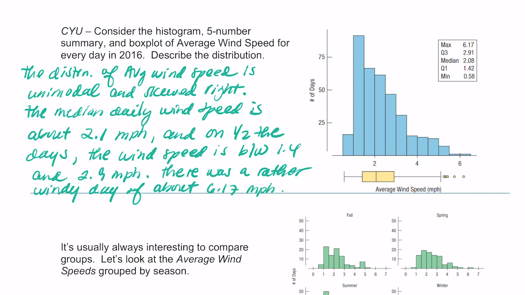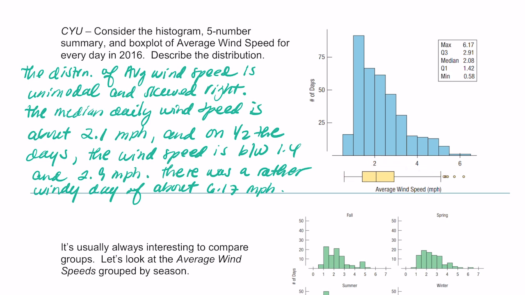And we can especially see that here in the box plot. So we have our histogram, and we also have our box plot, and we can compare them. As you can see here, you can tell from the box plot that we have a skewed right distribution.